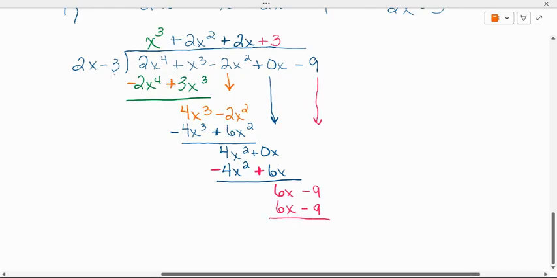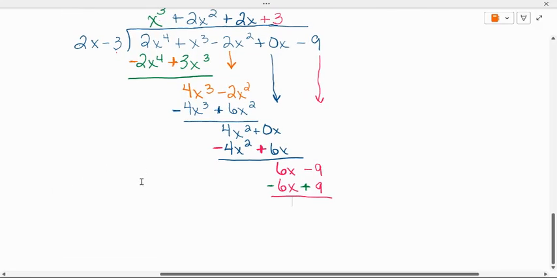Ooh, I think something magical is going to happen here. Okay, I'm subtracting, so I have to make them opposite. Change the sign. 6x minus 6x is 0, and negative 9 plus 9 is 0.